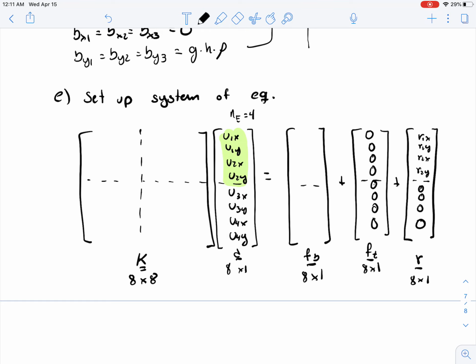So here we would have R1X, R1Y, R2X, R2Y, and then zeros here. And then we have the body forces. And then what you would have here is the same as before: the submatrix that is KE, the submatrix that is KF, and then KEF, and KEF transpose.